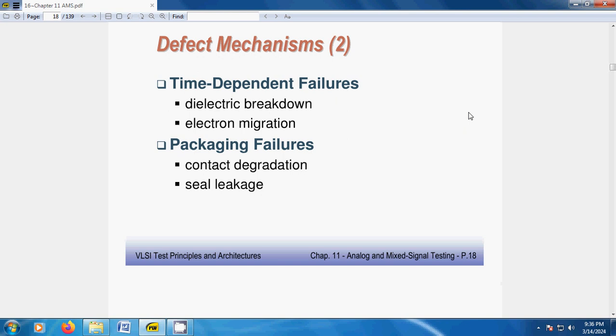Similarly, electron migration. If you see a particular IC, you have a lot of lines, power lines or signal lines. The current passes through these lines. So how will you define current? The current is movement of electrons under potential difference from one end to the other end.